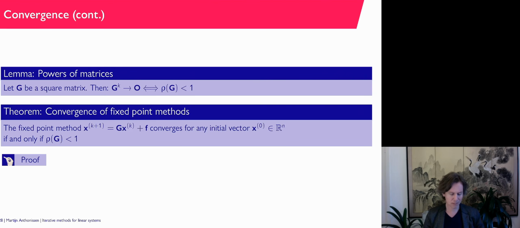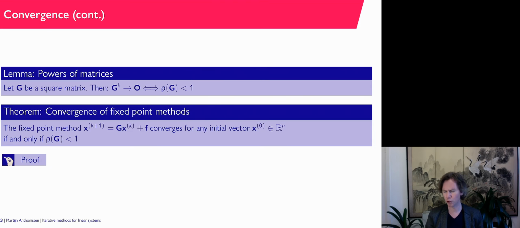Next question. The next question is, does it converge? And for that I need a lemma. So the lemma we have here on top, if you have a square matrix G, so G is going to be M inverse N from the previous slide, the iteration matrix of our current iteration, then we have already seen this property. G to the power k will go to the all zero matrix if the spectral radius, in absolute value the largest eigenvalue, is less than 1.